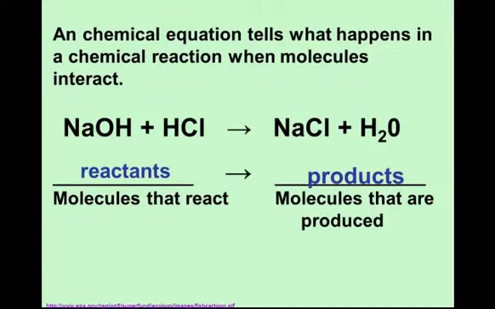That's a chemical reaction combining an acid and a base to neutralize each other, and we get salt and water. And remember, reactants on the left side, products on the right. We're going to write some chemical equations in this chapter when we talk about photosynthesis.